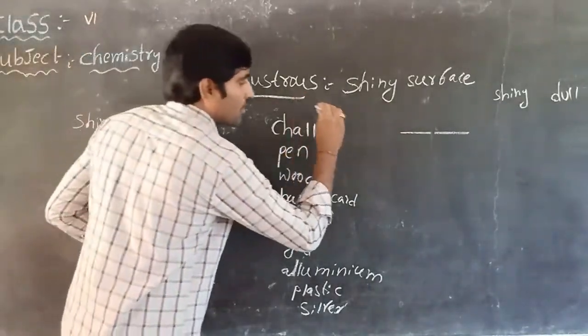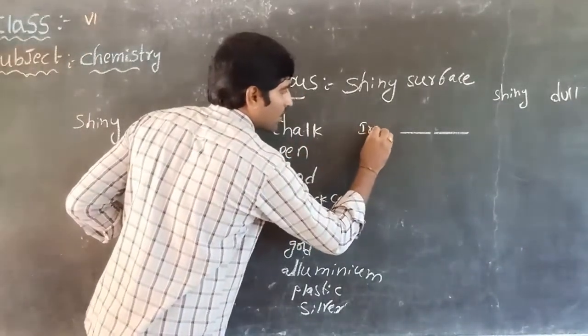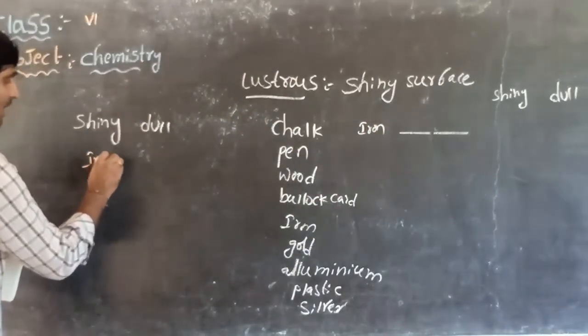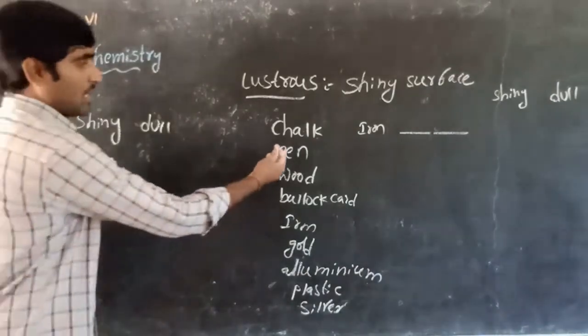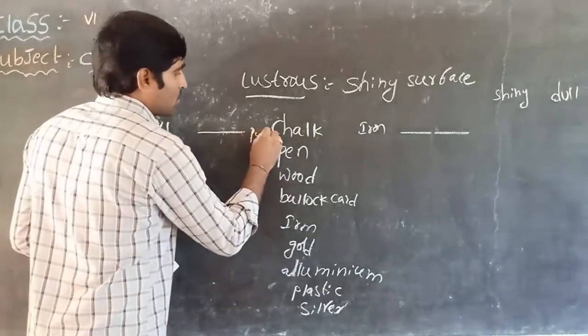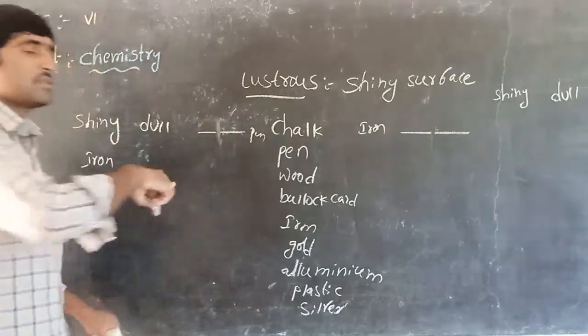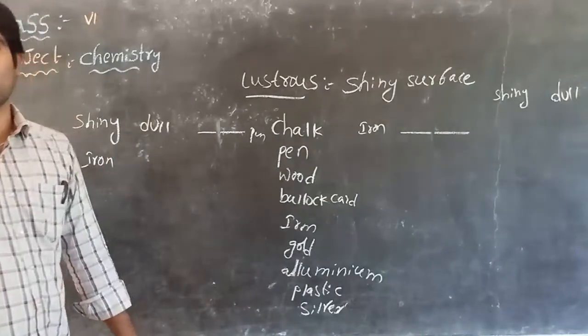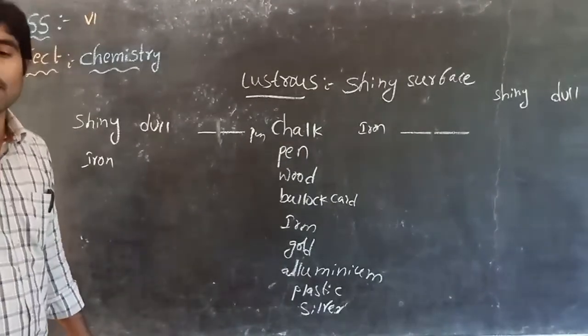If it has a shiny surface, then write it here. For example, you take one iron rod; iron has a shiny surface. Then here write: iron has a shiny surface. Next take a pen. Try to break it, cut it into halves. Observe at the freshly cut surface whether it has a shiny surface or not.